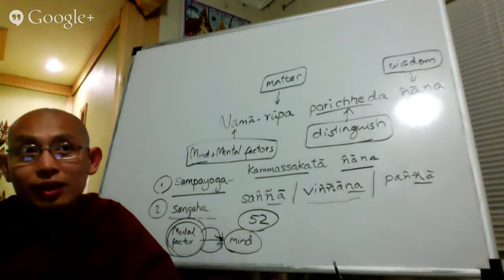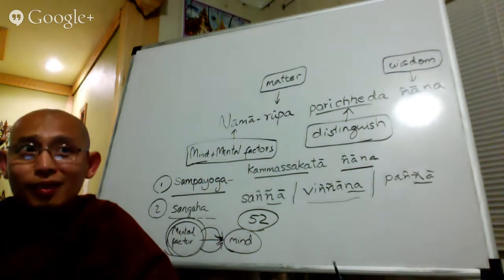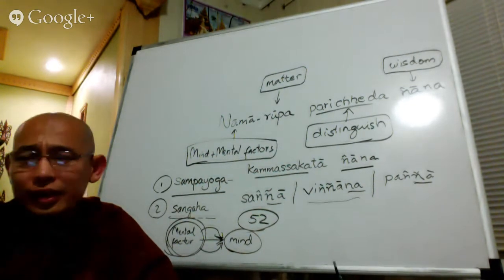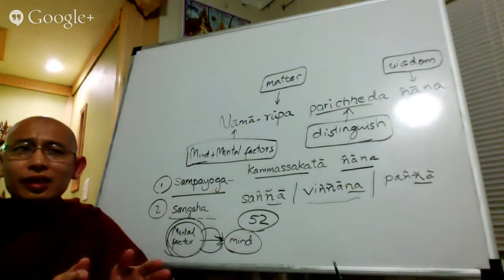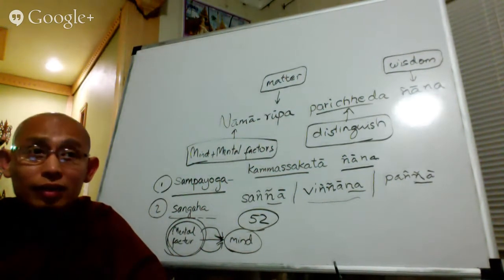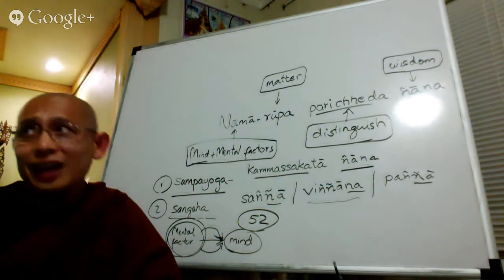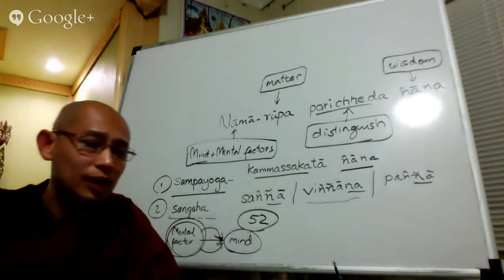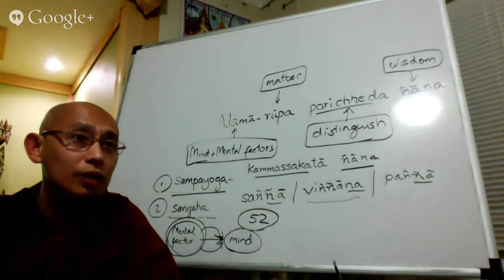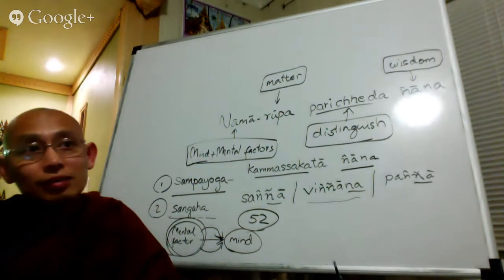We need to understand like this. So don't be confused. Just seeing, just hearing, the moment of seeing, the moment of hearing, is the result. So that's why all sense consciousness are resultant consciousness, resultant mind.